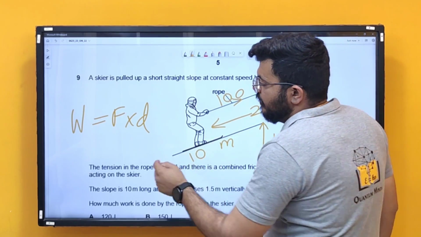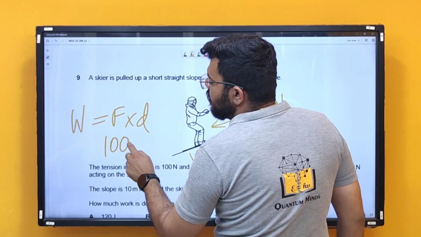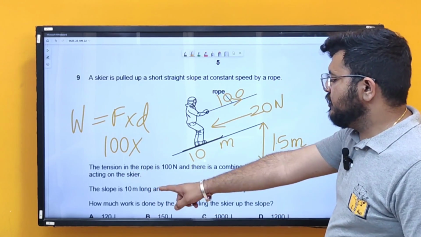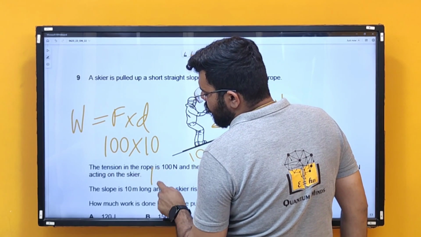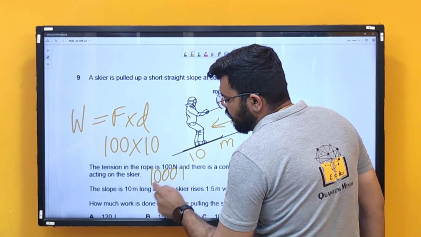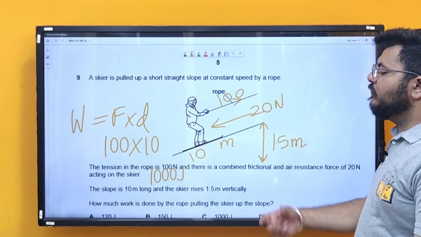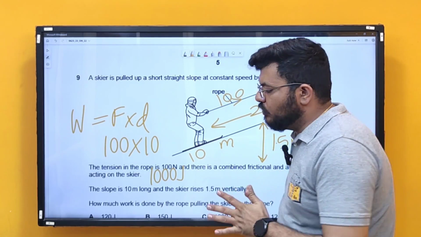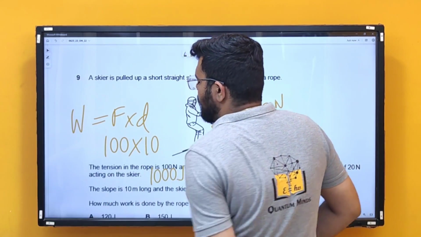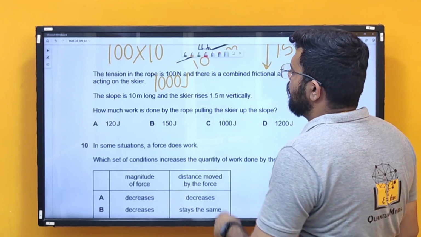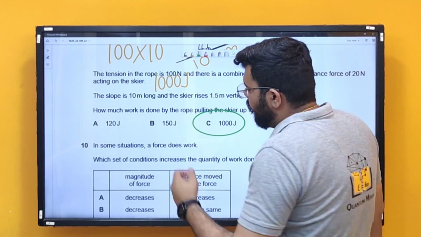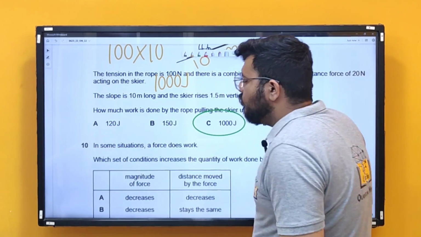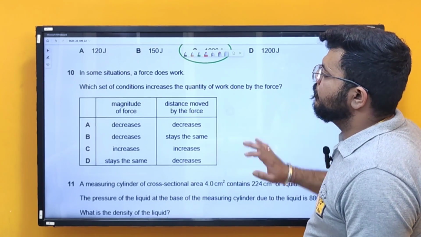So 100 into the distance traveled, 10 meter, so 1000 joules should be your answer. All other information is to distract you or make you make a silly mistake. Basically, 1000 joules is the work done by the force of 100 Newton to raise this person.